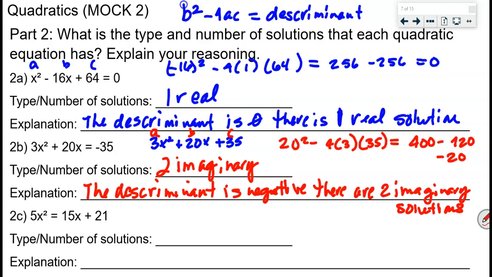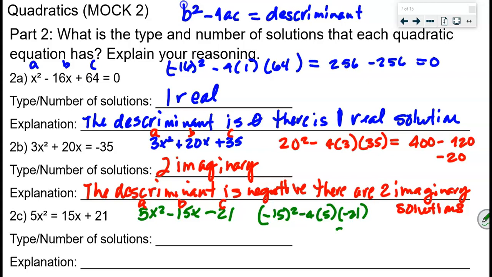Okay. So this last one, we're going to move everything to the left. So I'm going to do 5x squared minus 15x minus 21. Here again, we've got our A, our B, and our C. So we're going to go negative 15 squared minus 4 times 5 times negative 21.